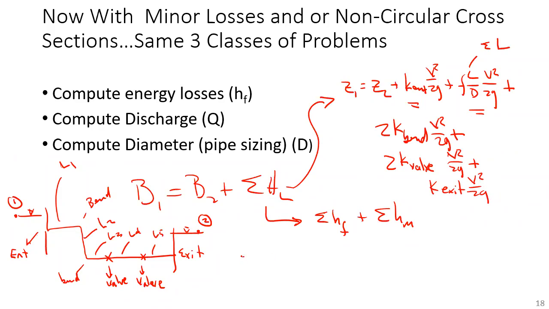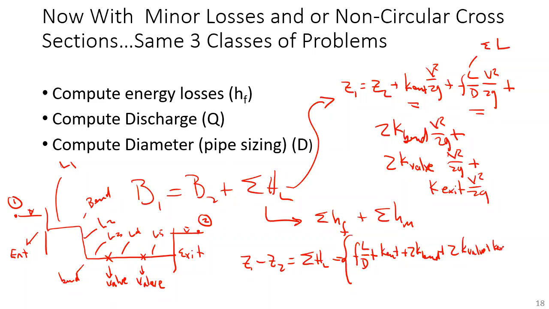So what that would say is that Z1 minus Z2 is equal to the sum of the energy losses, which is equal to, in this case, f L over D plus K entrance plus 2K bend plus 2K valve plus K exit, all times V squared over 2g.